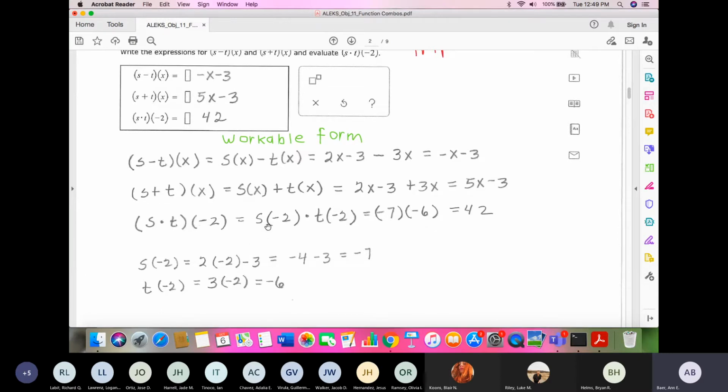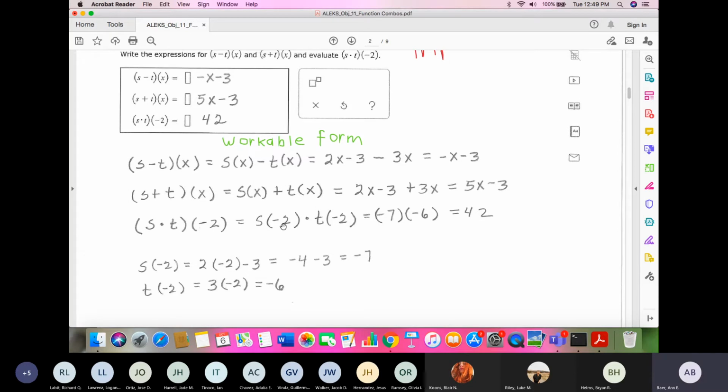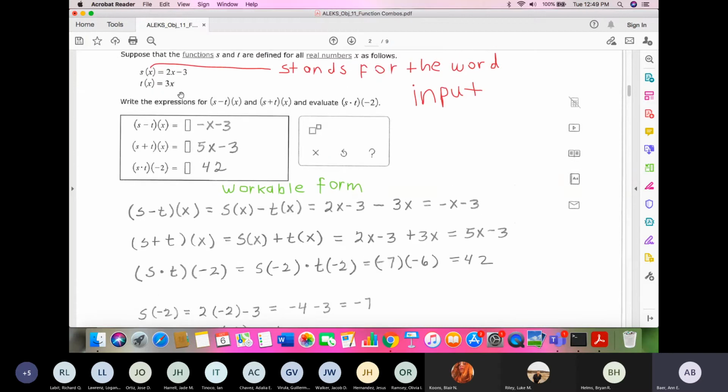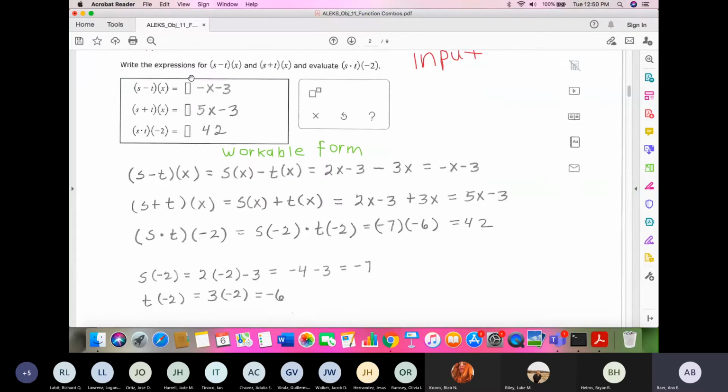We first want to figure out the y value of the S function when x is equal to -2. So we go to the S function and plug in -2 for x. We get 2 times -2 minus 3.